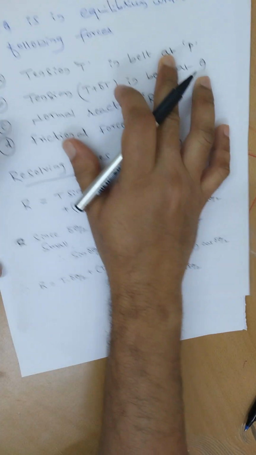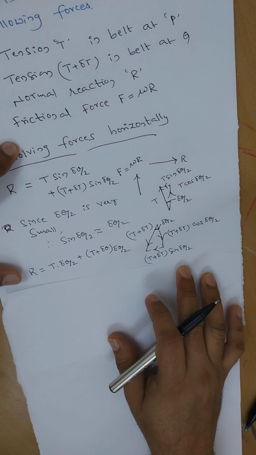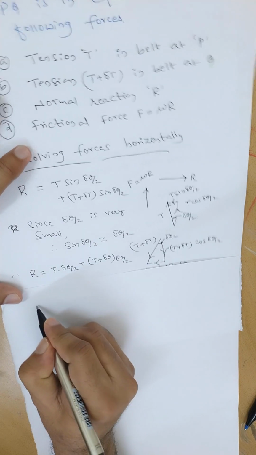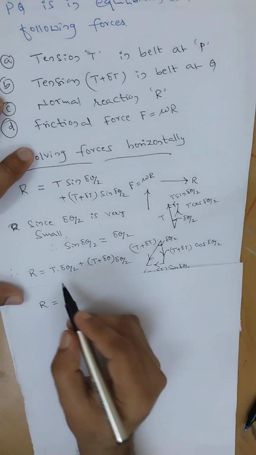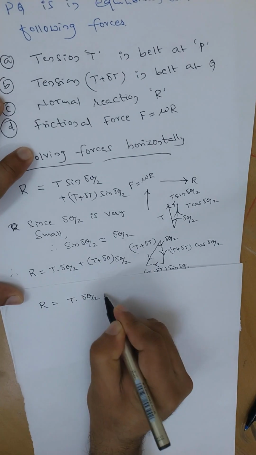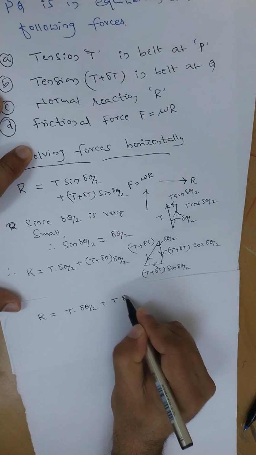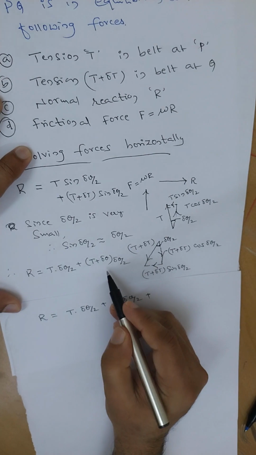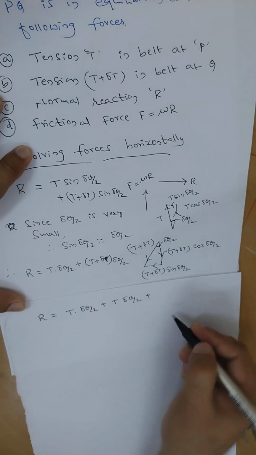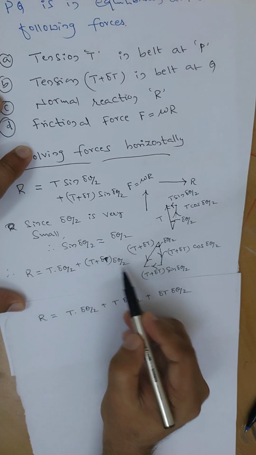Now I am simplifying this further. R equal to T into dθ/2 plus T into dθ/2 plus dT into dθ/2, right?